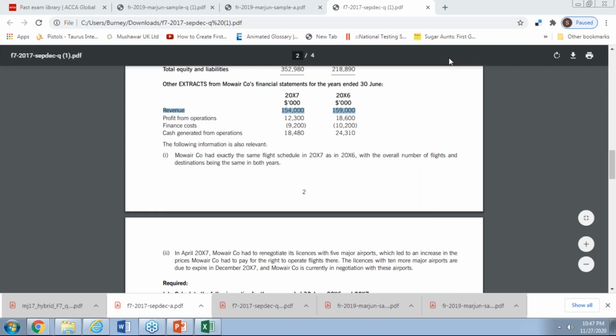So if the revenue is decreasing and the number of flights remains the same, then it means there might be low prices that we are charging the customers, or there might be fewer customers who are traveling. Like in the COVID period, you can see there were SOPs that you had to follow, and there was a minimum distance that you had to maintain. If the aircraft has a capacity of 500 passengers, they will not be allowed to pick more than 250 passengers.